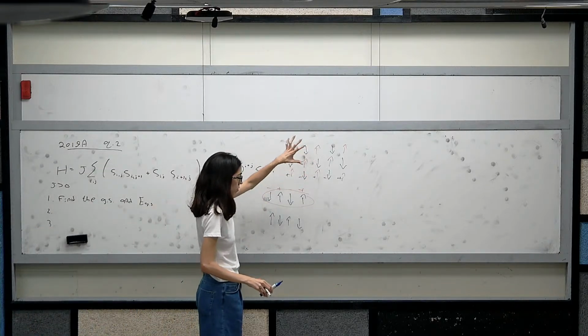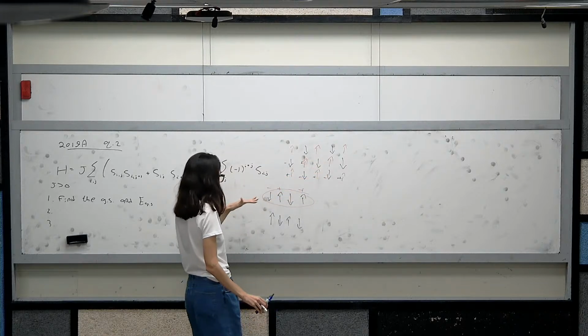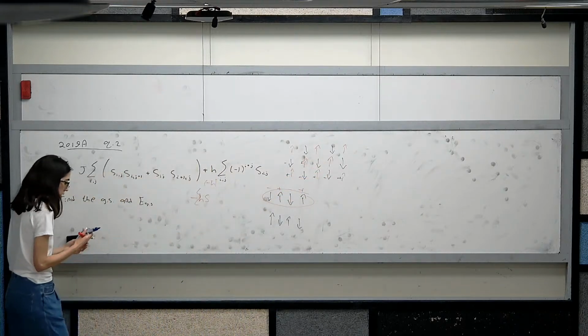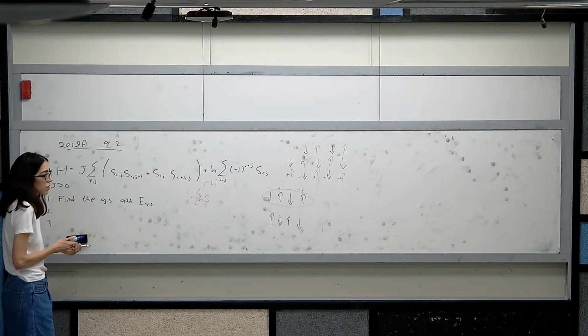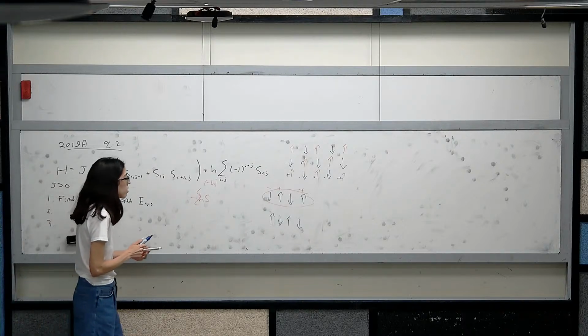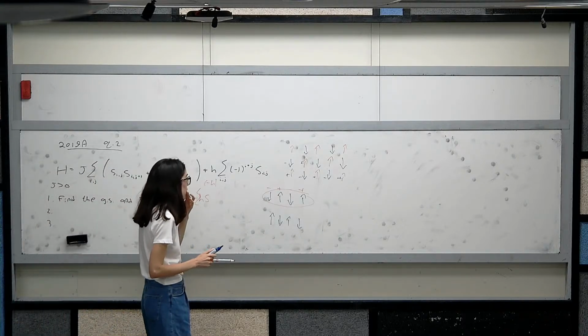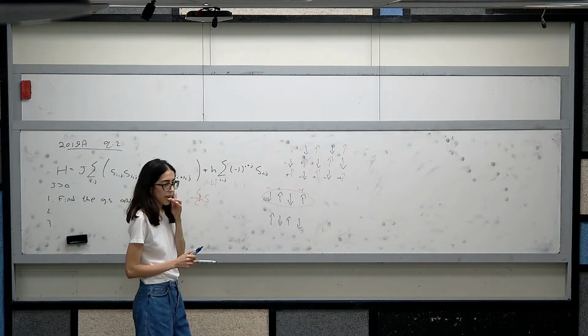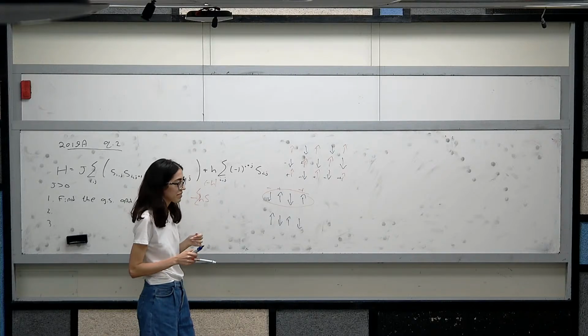Yeah, so this is for the ground state, and now let's look at the ground state energy. Could you maybe justify the ground state in words, what is that called in English? I'm not sure. Yeah, that's a very good point.